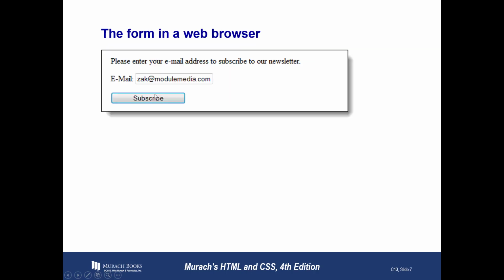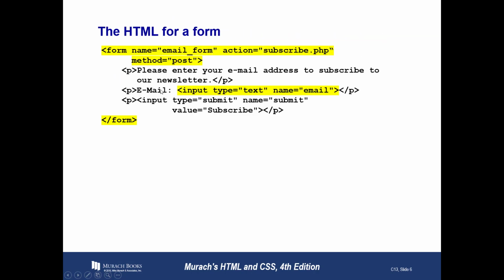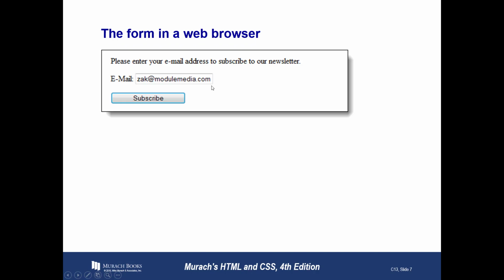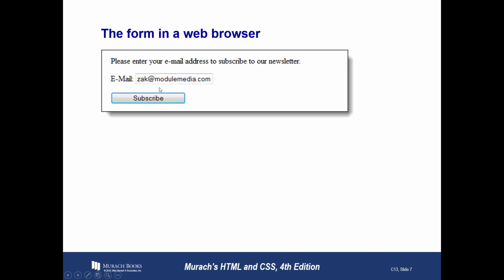So when we create this, it should create this. Again, the please enter your email address is here. The word email and then the text box is here. And the button that says subscribe is here. It says here, once you hit enter, this is the kind of thing that's going to be sent to subscribe.php.